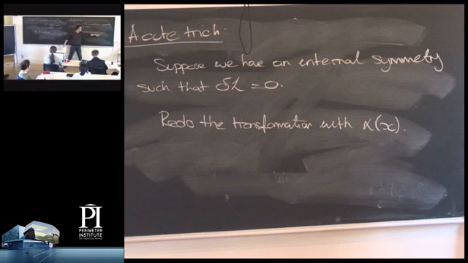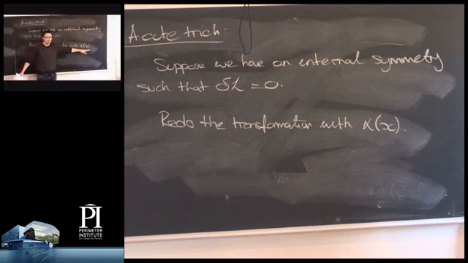What's going to happen? Well, this is no longer going to be a symmetry, and in general delta L is going to change. But it's got to change in a way such that when alpha is constant, delta L is equal to 0. How can that be? Well, delta L must be proportional to the derivative of alpha.